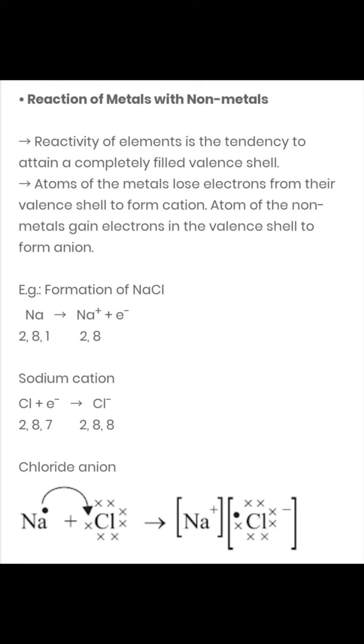Children, see how you have to represent this. These are called Lewis structures, or you may call them electron dot representations also. See, in the case of sodium, we are showing the electrons with a dot, and to differentiate them from the electrons of another element, that is chlorine, a non-metal, we are going to show the electrons with another symbol, that is, you may write an X symbol over here.